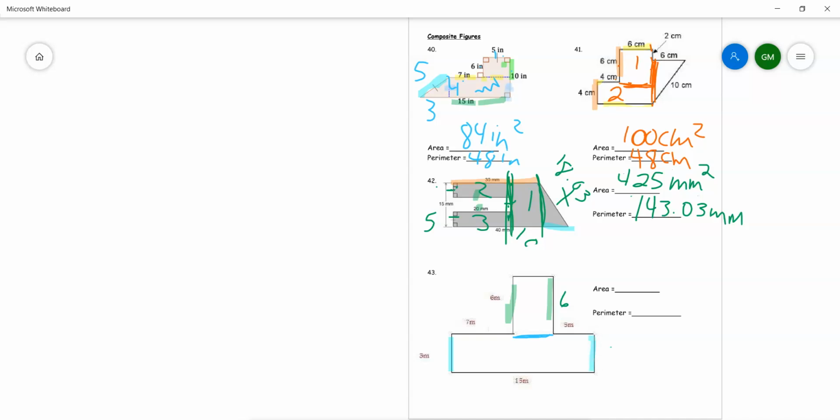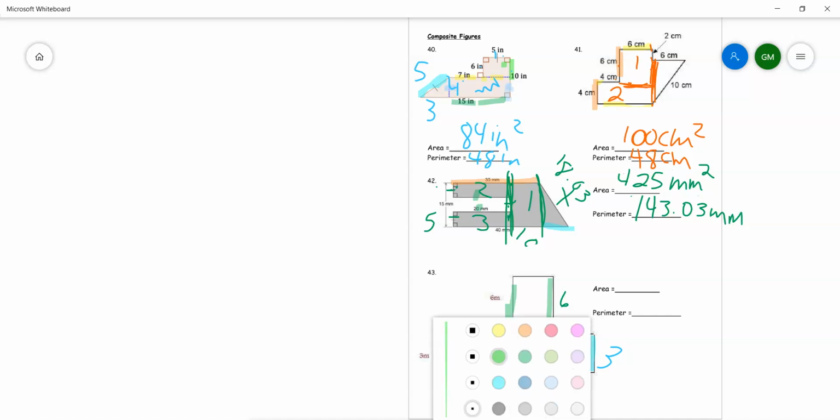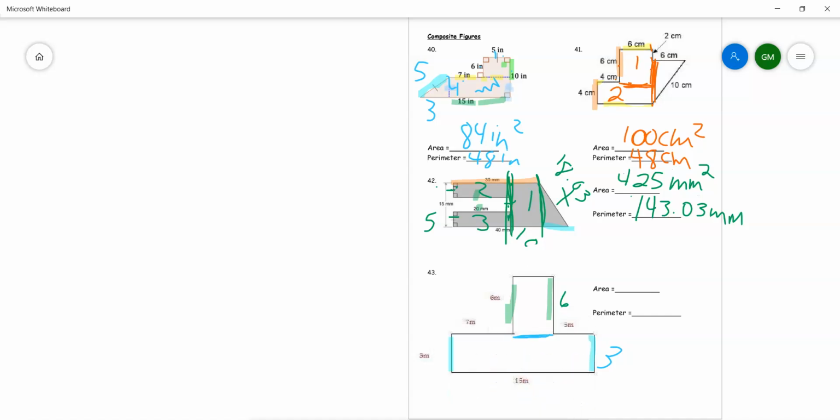So this one will be 3 meters. And then finally, we see that we have the bottom side is 15 in total, but there's 7 here and 5 here. So that tells me that the top here is going to be 3, because 7 plus 5 is 12, 15 minus 12 is 3.